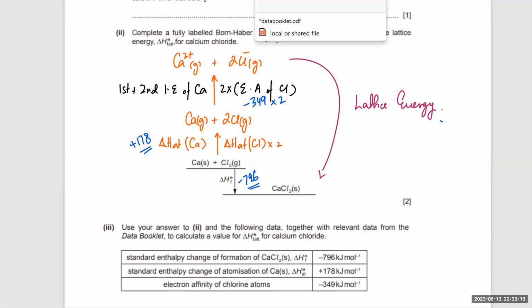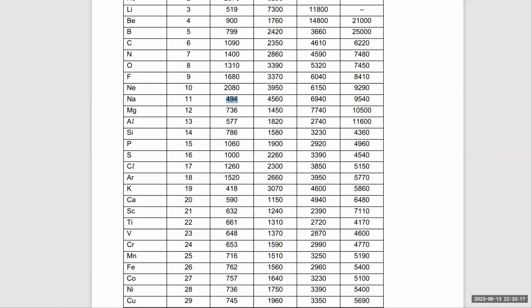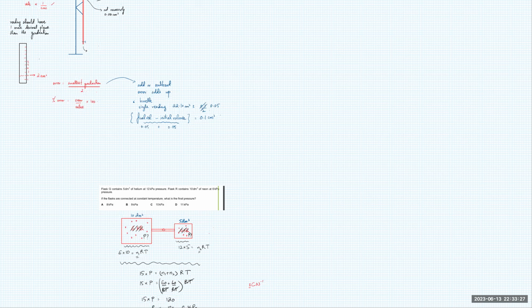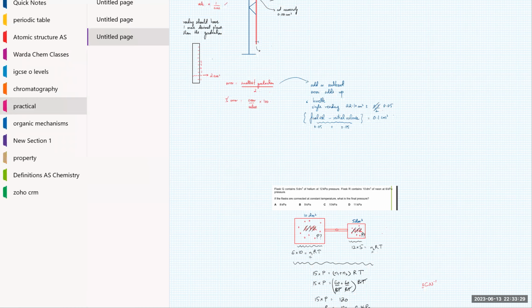Then you've got the first and second ionization energy of calcium, which can be obtained from the table over here.